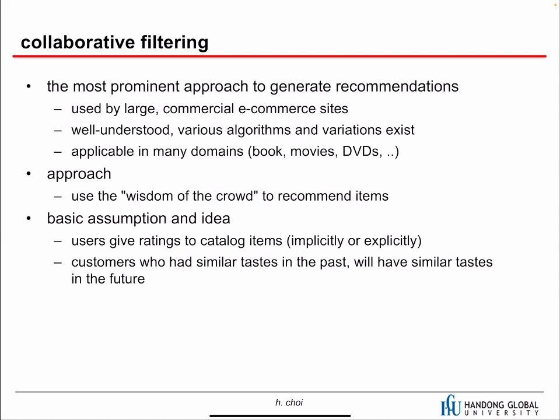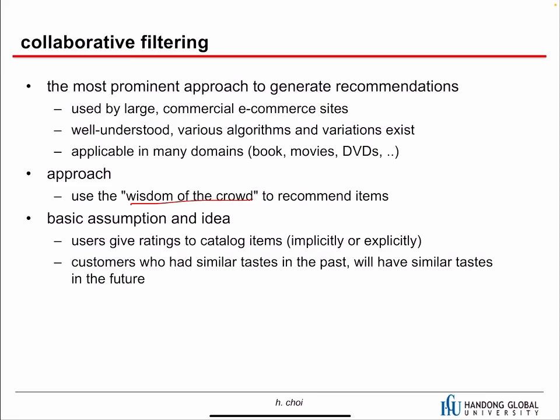It uses the wisdom of the crowd to recommend the items. The basic assumption and idea is that users give ratings to catalog items implicitly or explicitly. It means users give feedback. Without the feedback, we cannot apply the collaborative filtering approach to a recommendation system at all.